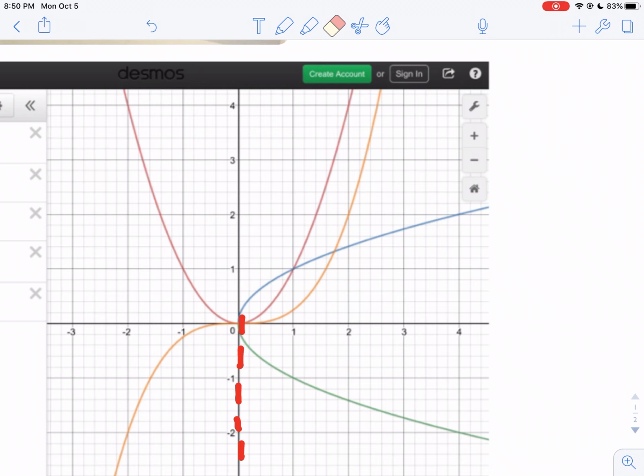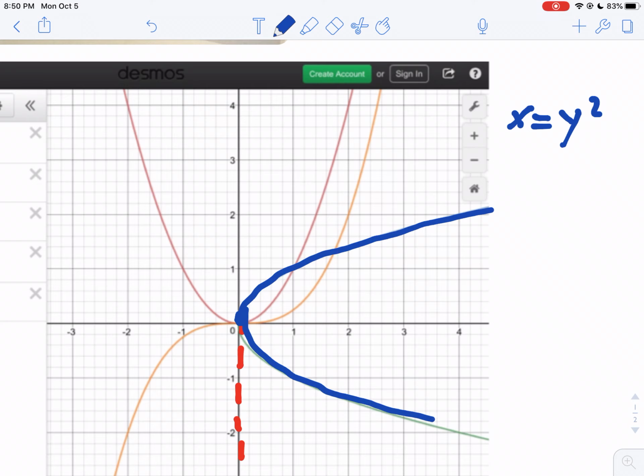Now let's take a look at your x equal to y squared. Your x equal to y squared is a parabola that opens to your right. It's actually this one right here, with the vertex of 0, 0 for this particular problem. It is this blue graph. As you see here, this graph is symmetrical about your x-axis, because to the top and to the bottom of that axis, you have the same thing on both sides.